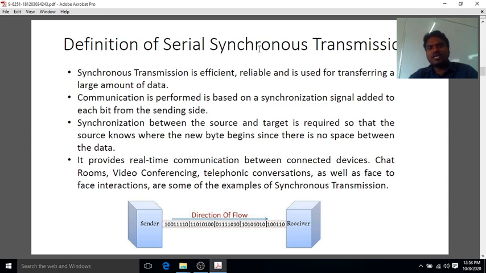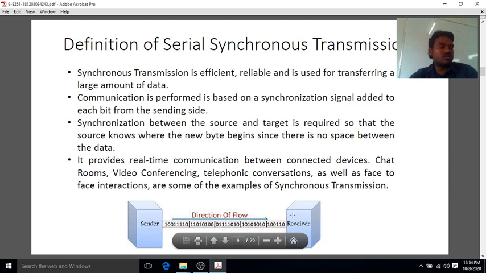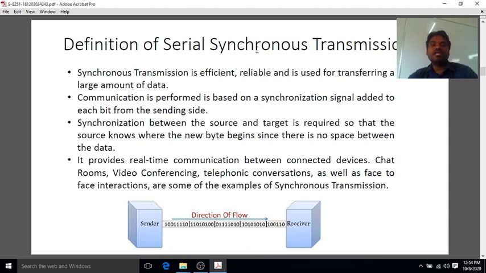Definition of serial synchronous transmission. It is very simple. Serial is nothing but bit by bit. Synchronous is nothing but both the sender and the receiver make use of the same clock signal. Serial is the transmission of the data between the sender and receiver bit by bit.